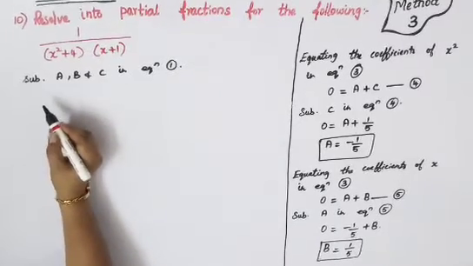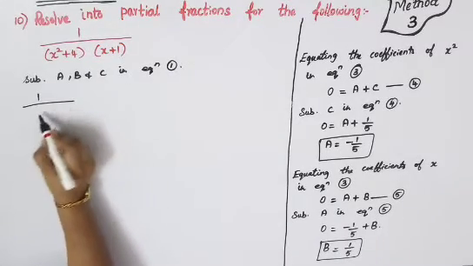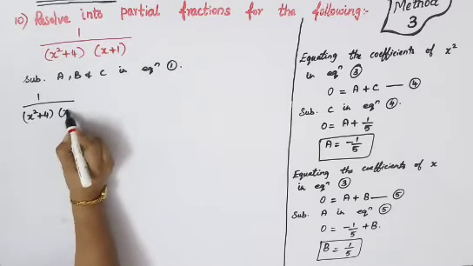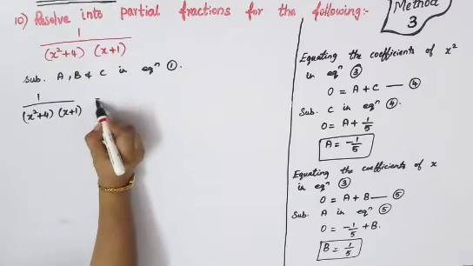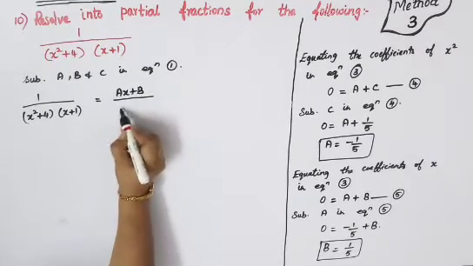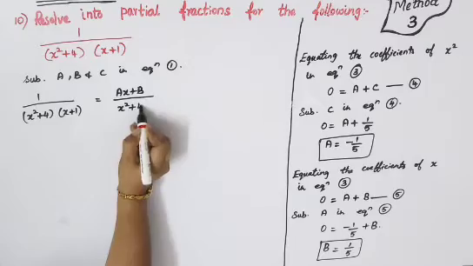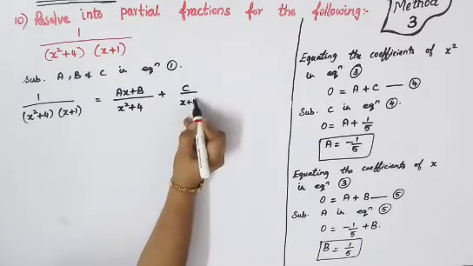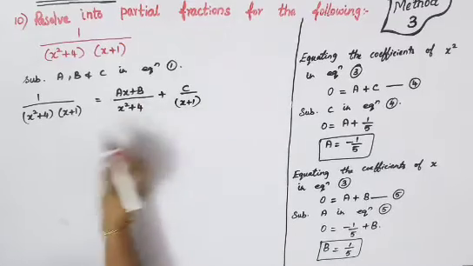So I'll write the equation 1 as it is. 1 divided by x square plus 4 into x plus 1 is equal to ax plus b divided by x square plus 4, plus c divided by x plus 1. So substitute your a, b and c.